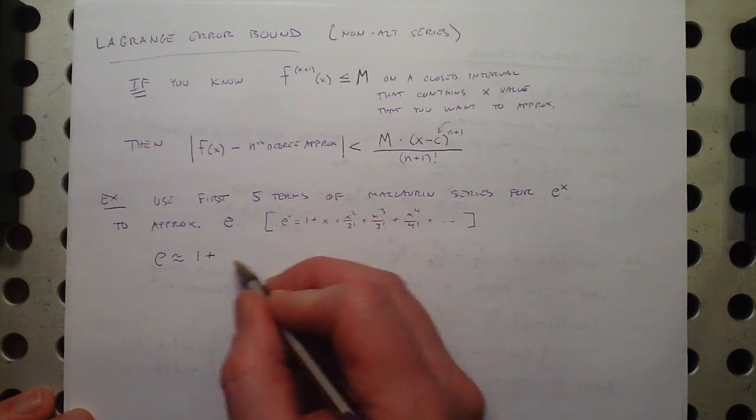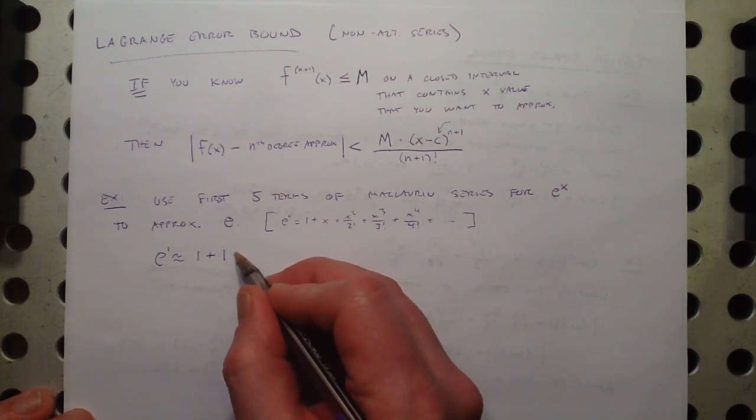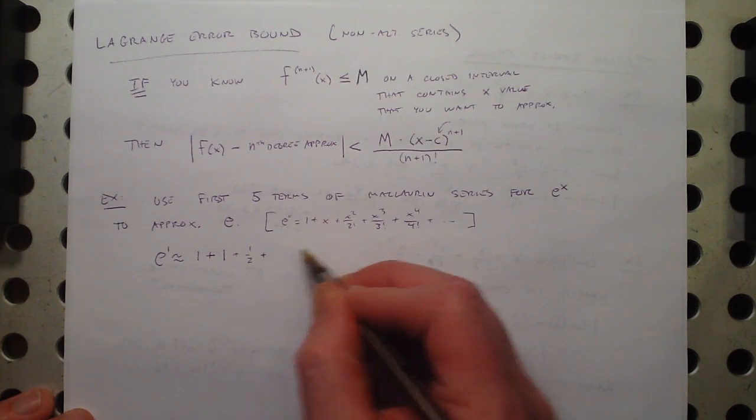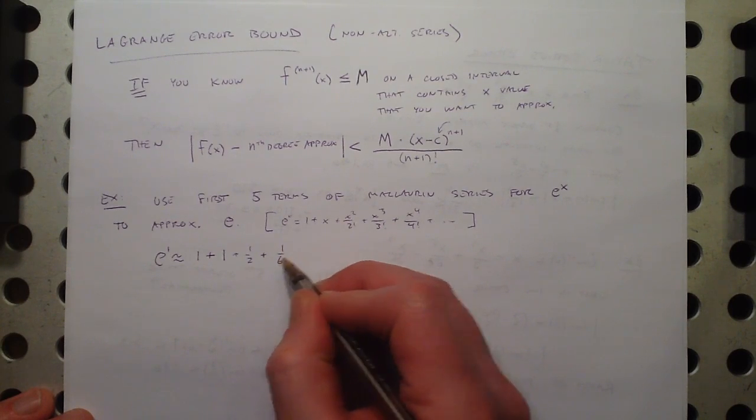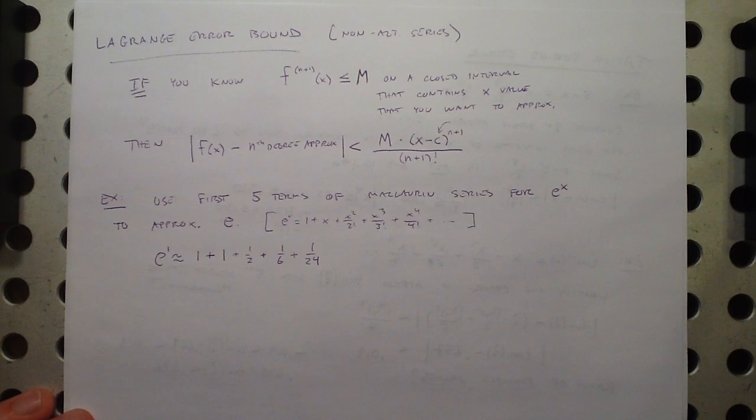So it would be 1 plus 1, right, because this is e to the first, plus 1/2 plus 1/6 plus 1 over 24. And so there's an approximation for e.